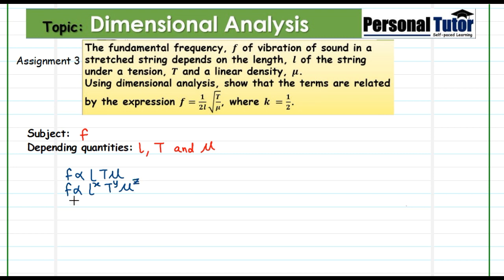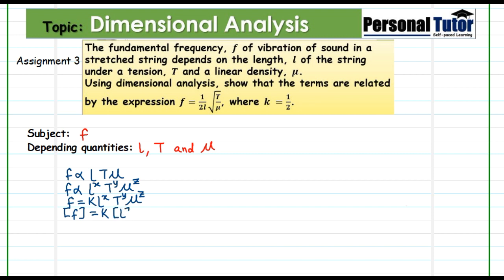We form a solvable equation by replacing the proportionality sign with equals to and a constant K. That is K, L exponent S, T exponent Y, mu exponent Z. Let's write them in their dimensional form by simply enclosing them in a square bracket. The K is dimensionless.